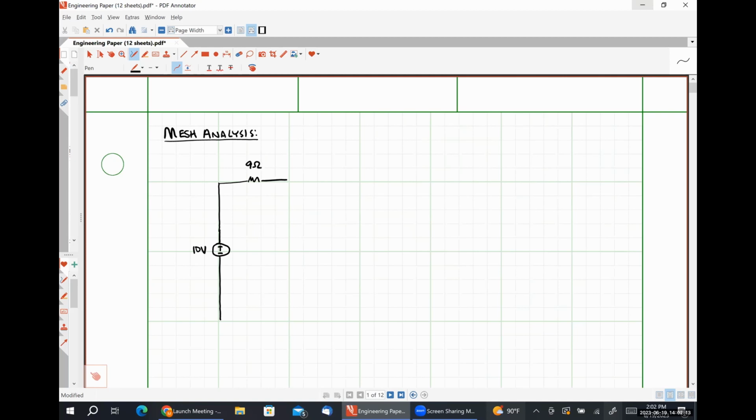Let's put a 9-ohm resistor here. Let's put a dependent voltage source here. Let's make this 2ix. We'll put a 4-ohm resistor down here. Put a 1-ohm resistor here.